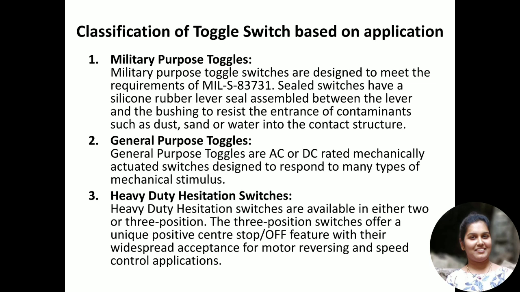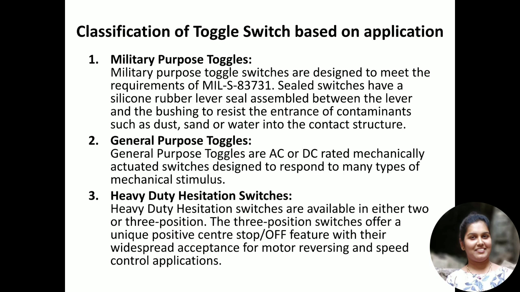Here in this kind of switch, heavy duty switches, we'll have 3 position switches, such that heavy duty switches will be operating for high speed motors or generators or so.